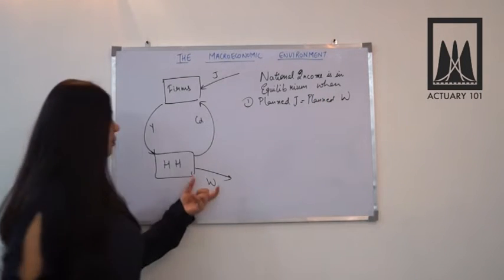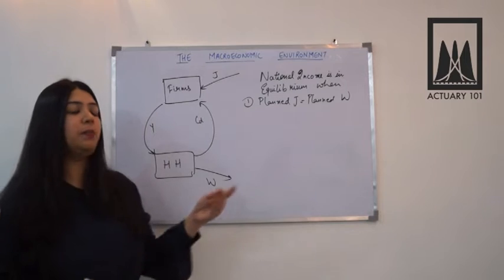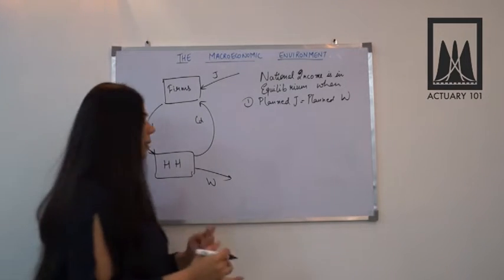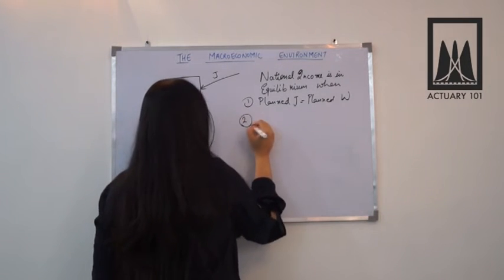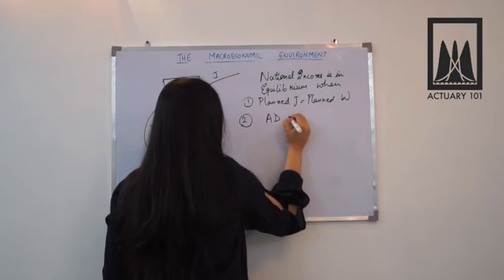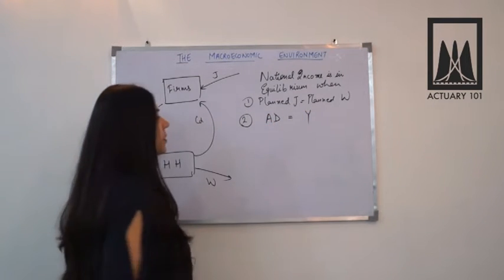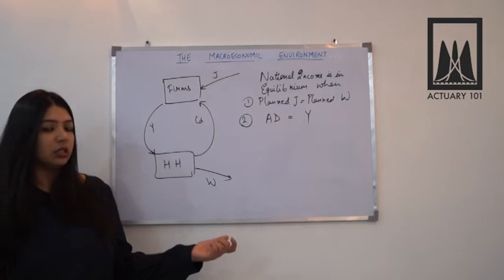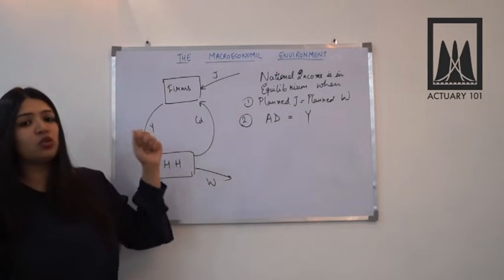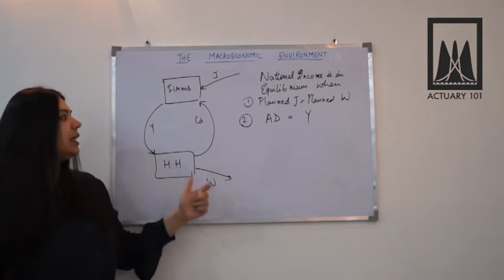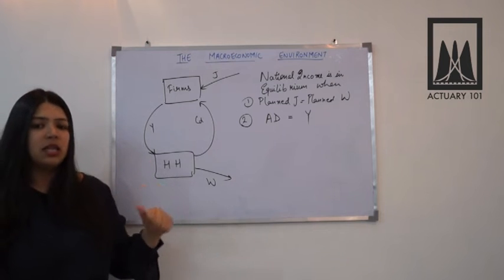So I'm saying that my W should be equal to J. The second condition is that aggregate demand should be equal to income, that is, the national income. If these two conditions are fulfilled, then I can say that the national income is in equilibrium.